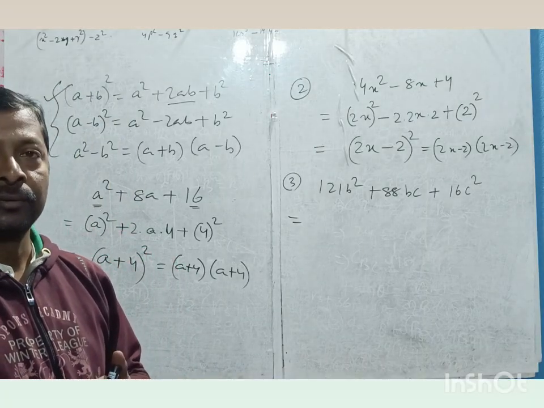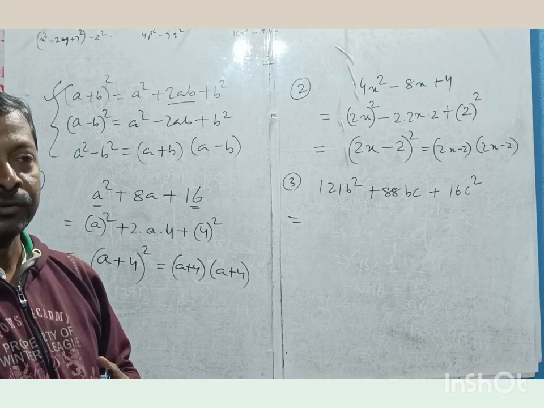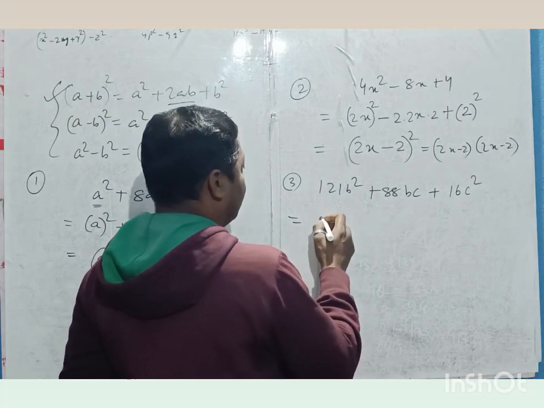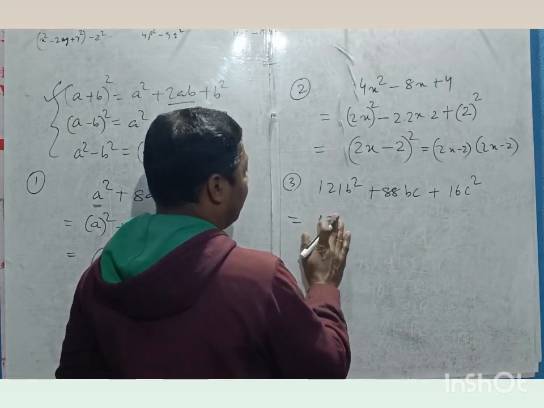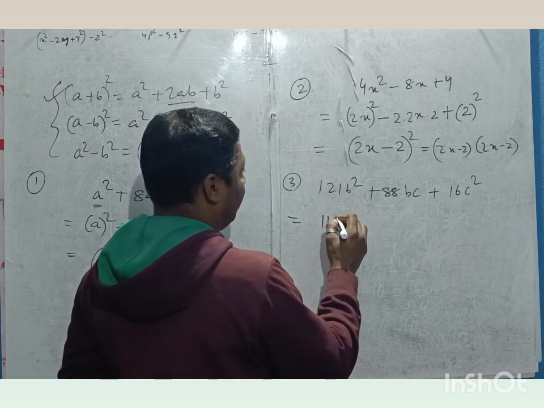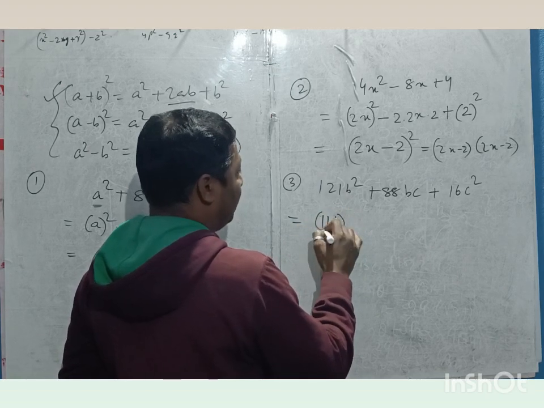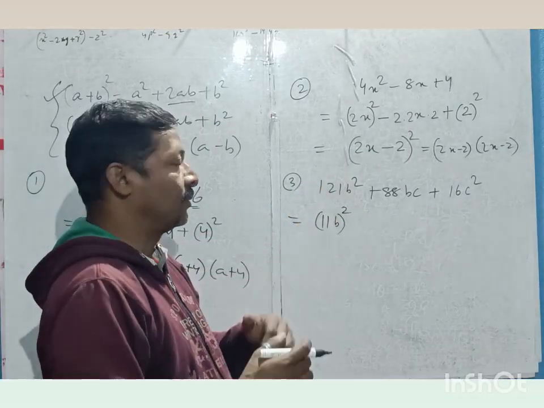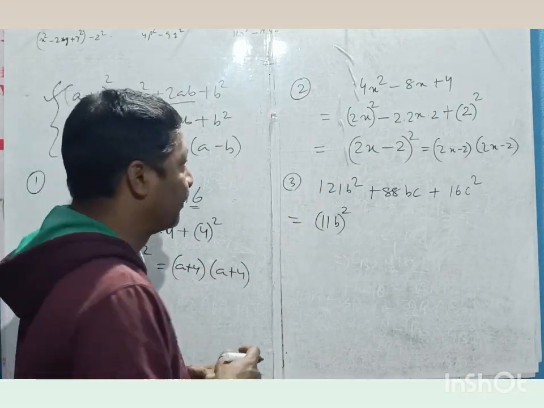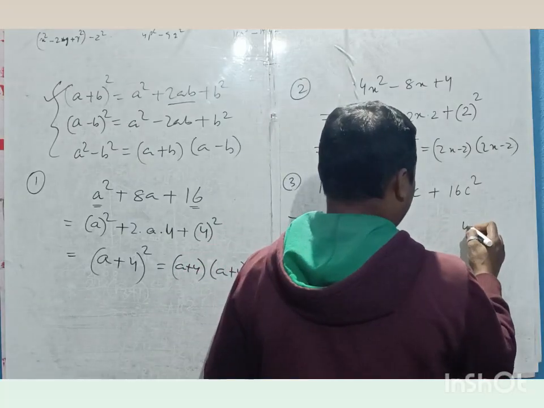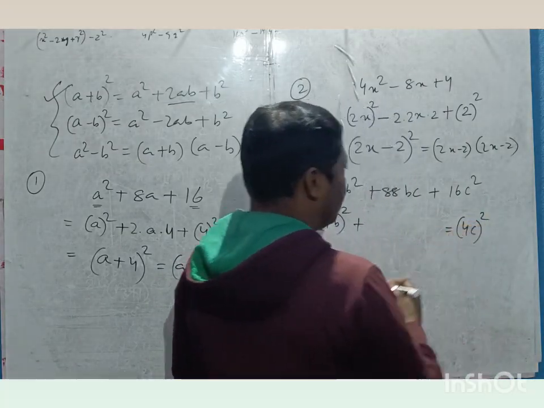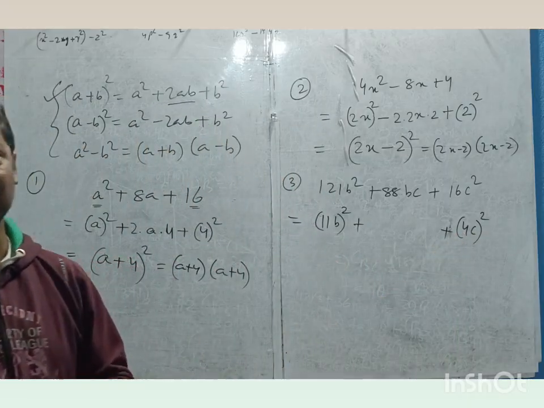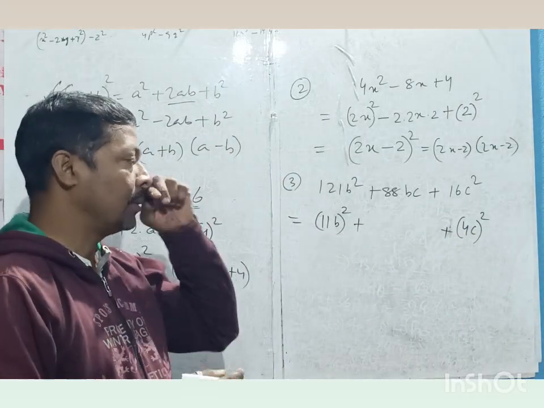You have to speak all of a sudden. After asking, it will be 11 square. So 11b whole square, 11 square 121 and b square. Now I will write here (4c) whole square, because 16 is 4 square and c is c square.